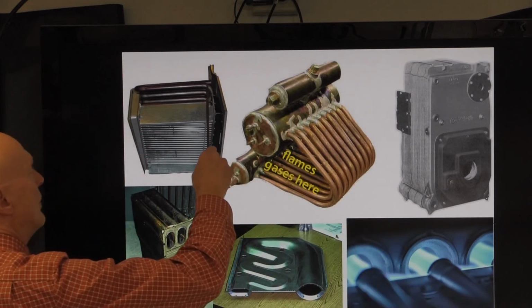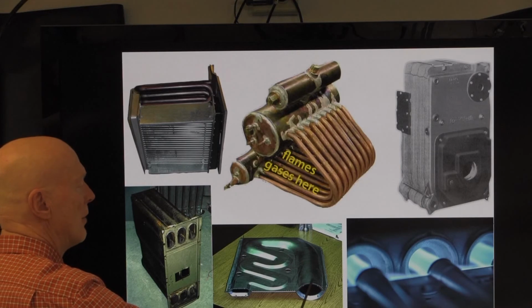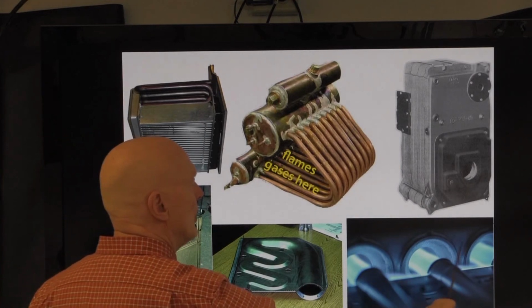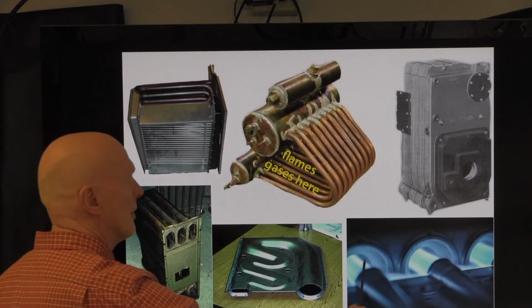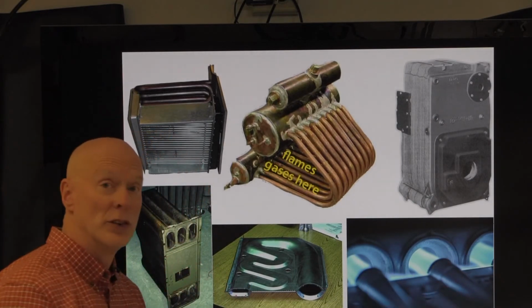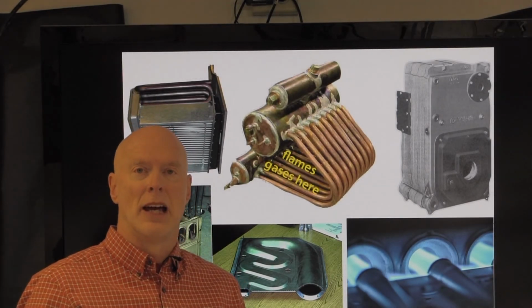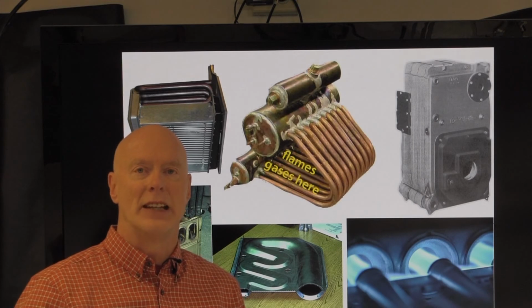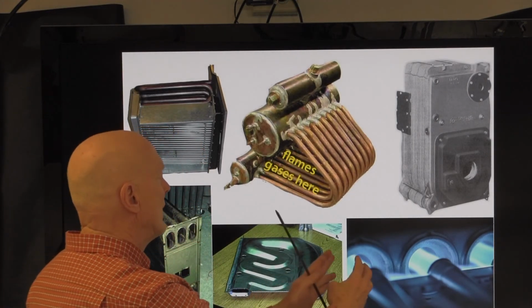This tubular heat exchanger and this stamped heat exchanger both use these in-shot burners. And there's a little fan that is pulling the flame into the heat exchanger. The reason why the fan has to pull the flame and the combustion gases into the heat exchanger is because the heat exchanger is a very tight place.